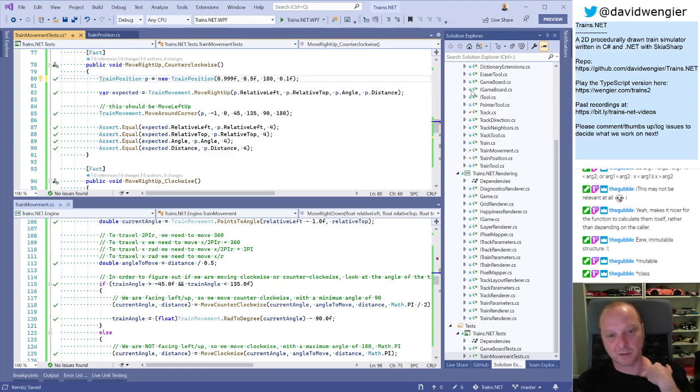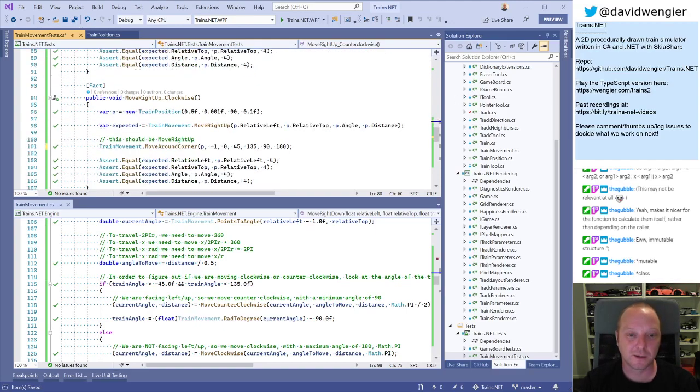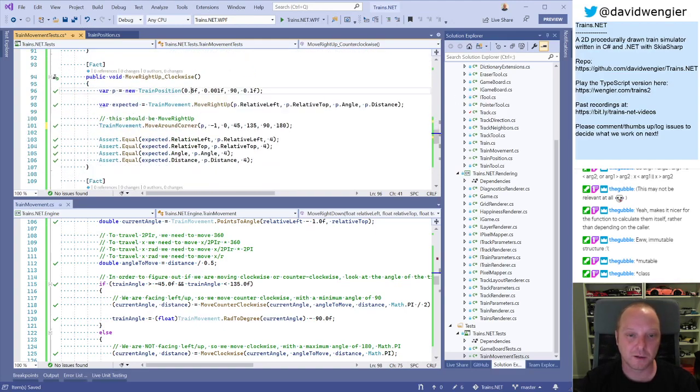That probably means something. I don't understand why that didn't matter. I essentially positioned a train here and said to go right up. And it went, yeah, anyway, don't think too much about it. Right up clockwise, left is 0.5, that's 0.1, that's 90. Yeah, that's right. Cool.